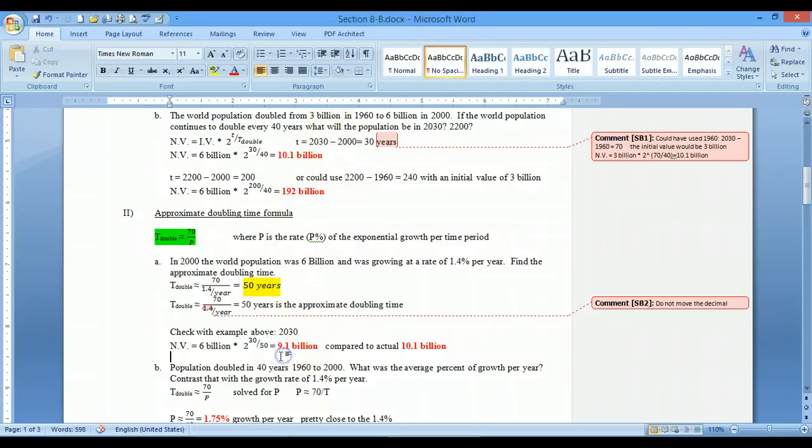Let's just see what we get. Type it into your calculator, and your answer is 9.1 billion, which, compared to when we did it with the exact doubling time of 40 years, is pretty close. 9.1 billion versus 10.1 billion. So it's the approximate doubling time formula.